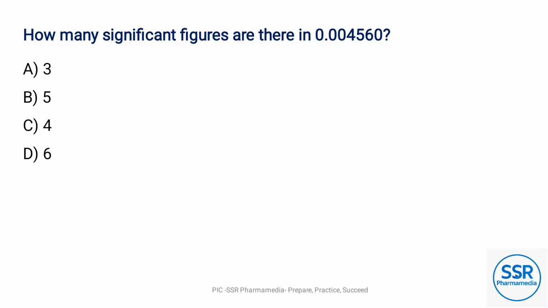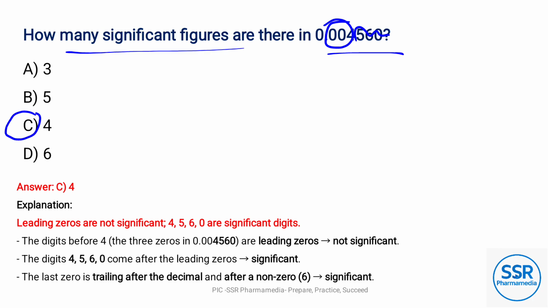So we'll move into the question. How many significant figures are there in 0.004560? So in this, how many significant figures are there? There are 4. So 1, 2, 3, 4. These 2 zeros are not included as significant figures. So there are 4 significant figures. Option C is the answer.